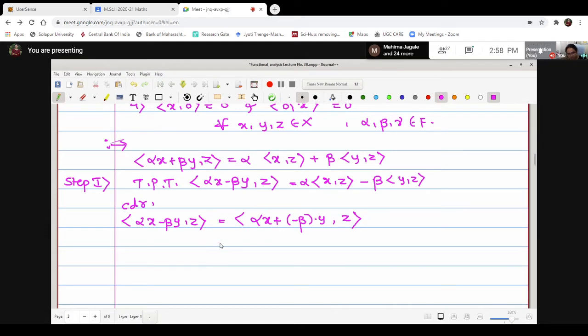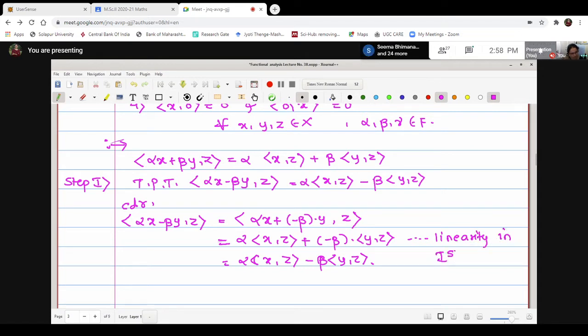Now what the property tells us, this is alpha times inner product x with z plus whatever is the scalar, minus beta, taken as it is, inner product y with z. Therefore this automatically gives us alpha inner product x with z minus beta inner product y with z. Okay, here which property we have used? Linearity in the first variable. Linearity in the first variable is the property used.